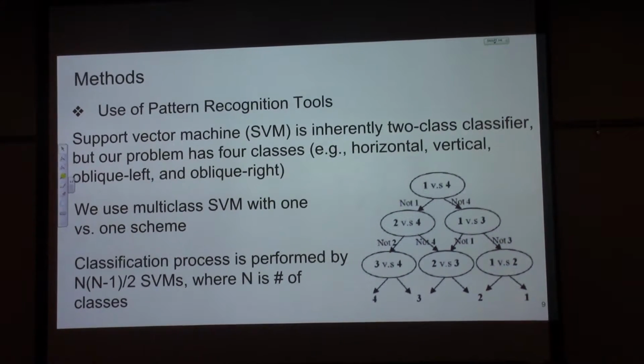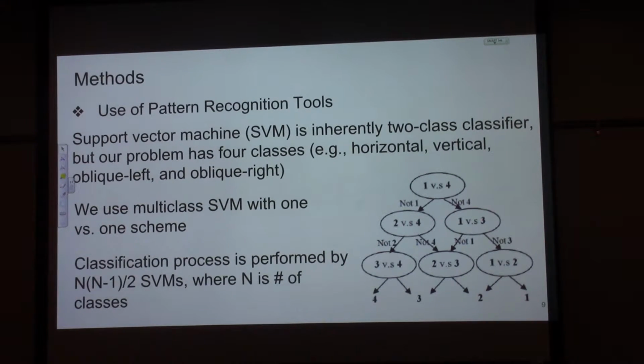After we got the data from the model, we used a multi-class SVM classifier. But SVM is intrinsically a two-class classifier, and our problem has four classes: horizontal, vertical, oblique left, and oblique right.